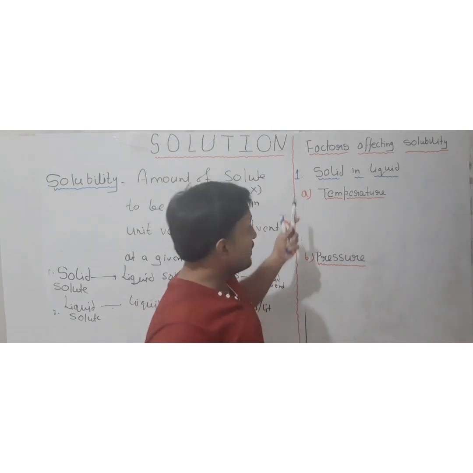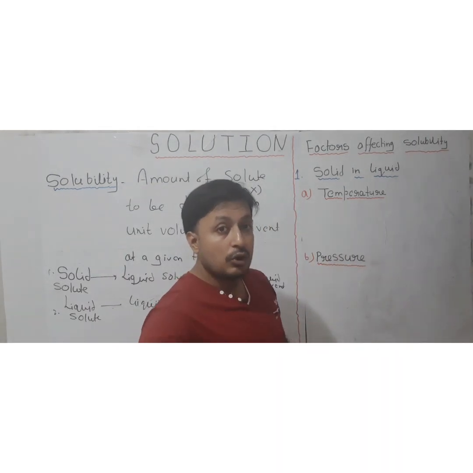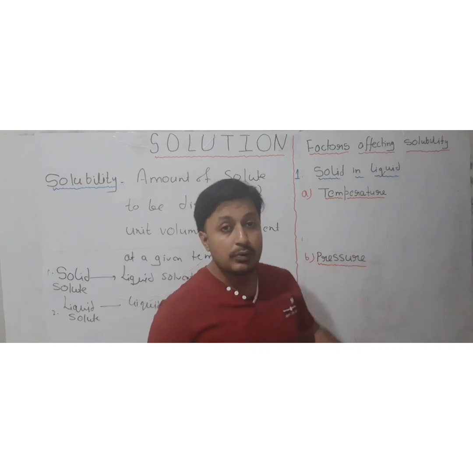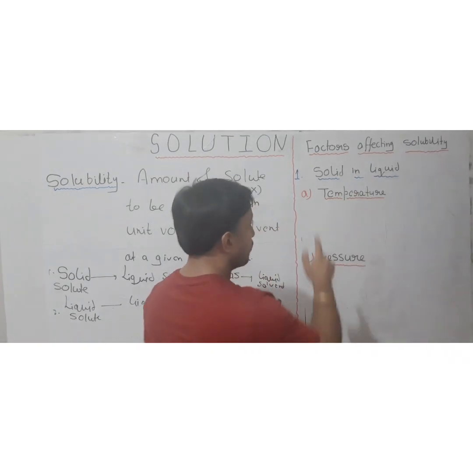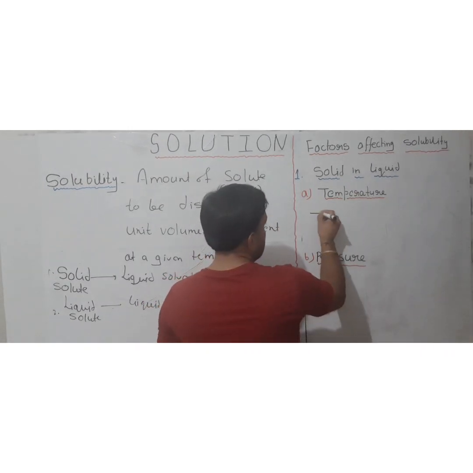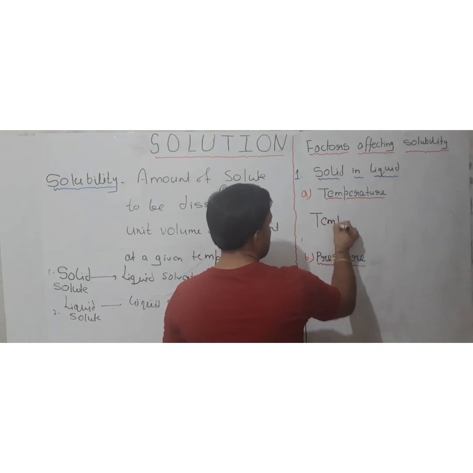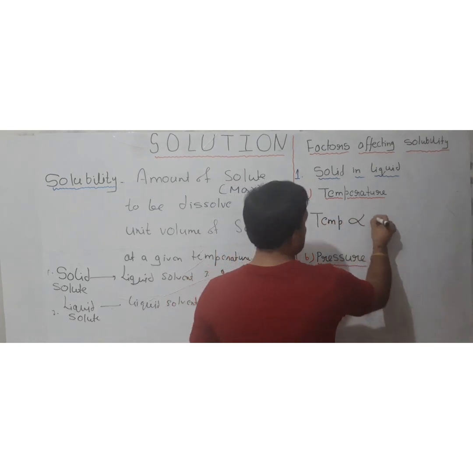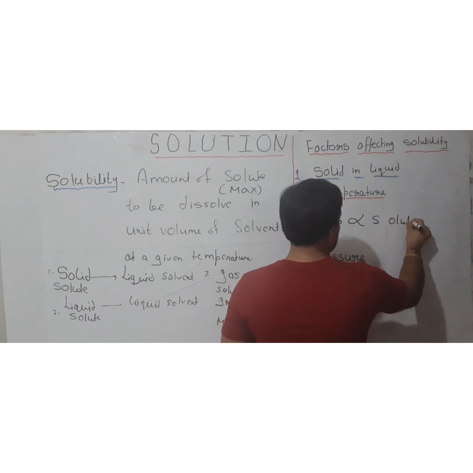So basically with an increase in temperature, the solubility of the solid substance in a liquid is going to increase. So in this case, the temperature is going to be directly proportional to the solubility.